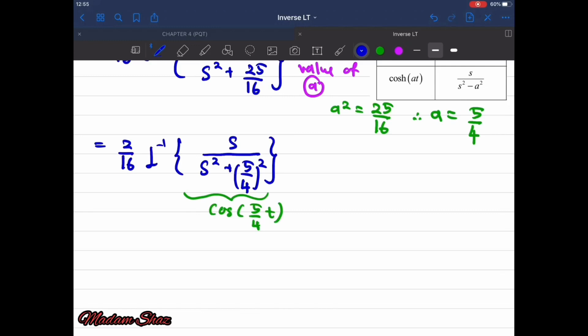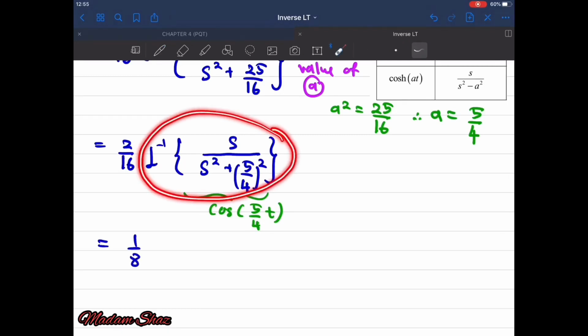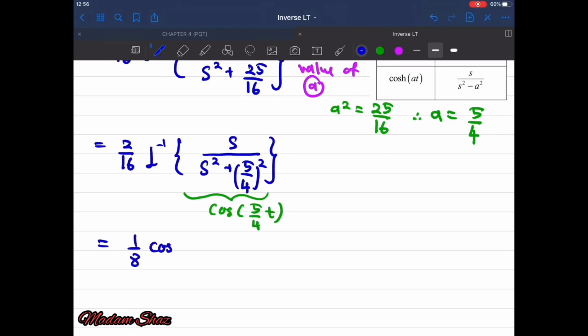Therefore, simplify the whole answer. 2 over 16 will become 1 over 8 Laplace inverse of s over s square plus 5 over 4 square, which will become cos of 5 over 4 t. So this is the final answer for the inverse Laplace transform for example C.